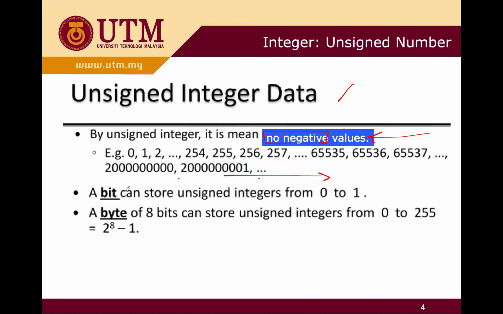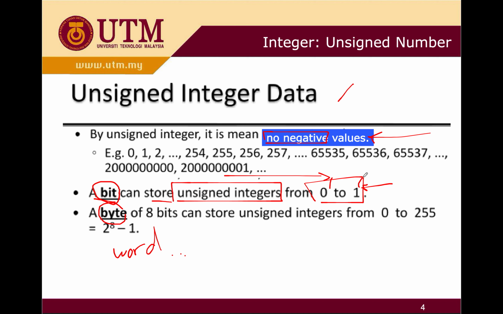This one you already learned, which is bit, byte, and then word, etc. Over here you know that a bit can store unsigned integer, from 0 to 1, because bits only have two possibilities, 0 or 1.